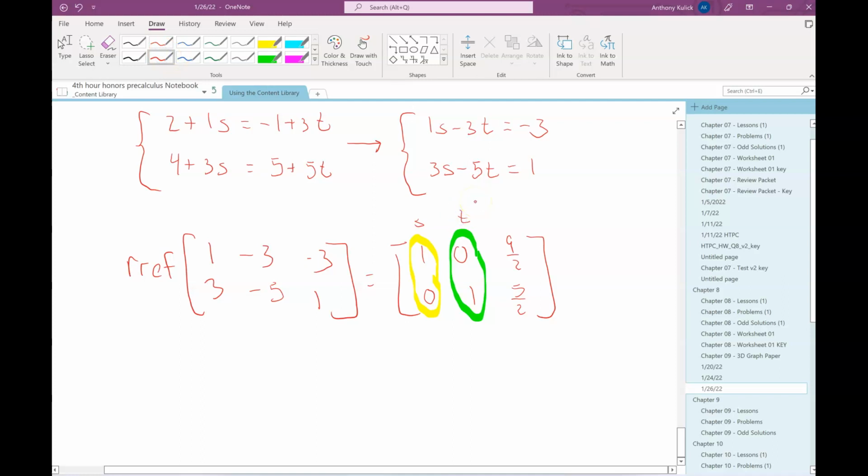So what this first row says is that 1S plus 0T is equal to 9 over 2, or that just S is equal to 9 over 2. The second row says 0S plus 1T is equal to 5 over 2, or rather just that T is equal to 5 over 2.